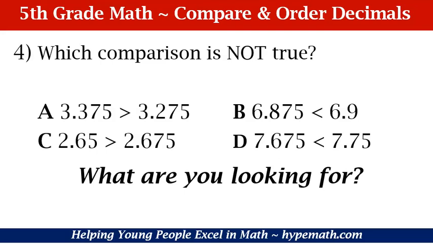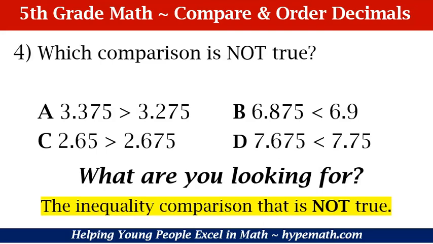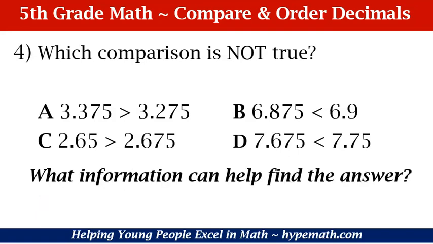What are we looking for again? This is an important question because it would help us to think about how we need to solve the problem, okay? We are looking for the inequality comparison that is not true. That means it's false, okay? What information can help us find the answer?